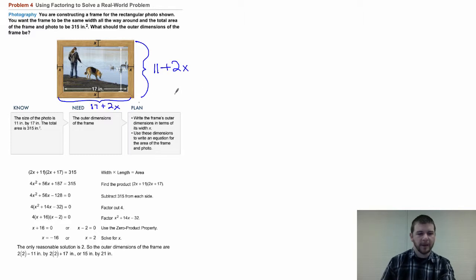And note we want our total area of the photo and the frame to be 315 square inches. And area equals length times width.